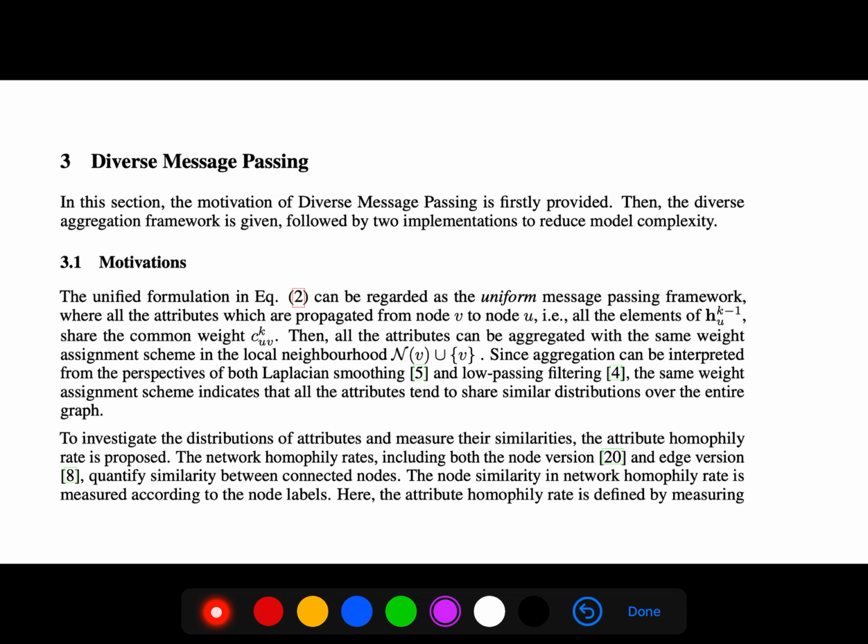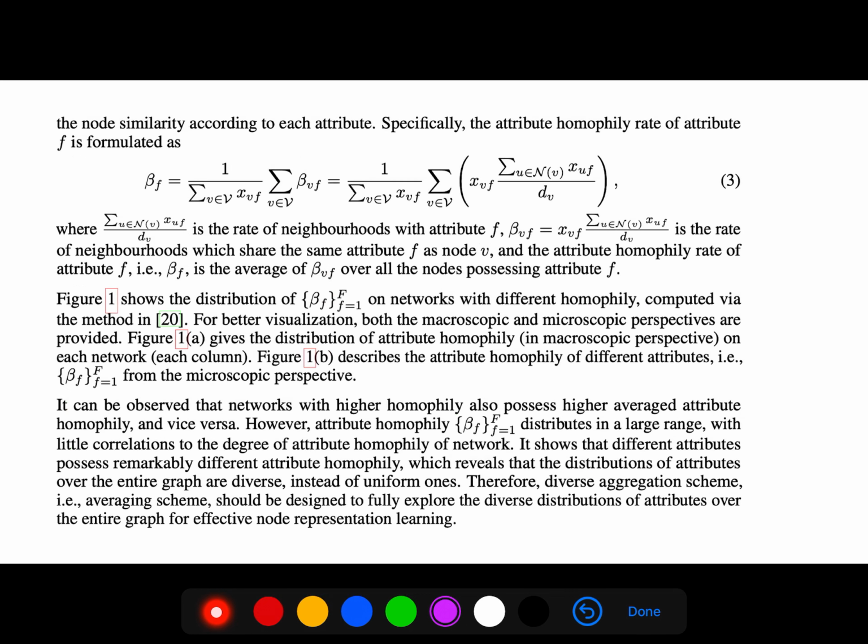The network homophily rates, including both node version and edge version, quantify similarity between the connected nodes. The node similarity in network homophily rate is measured according to the node labels. The attribute homophily rate is defined by measuring the node similarity according to each attribute.